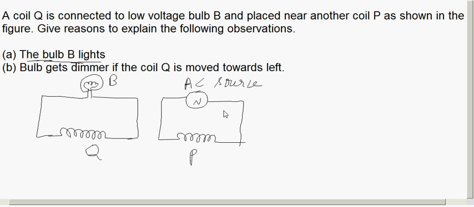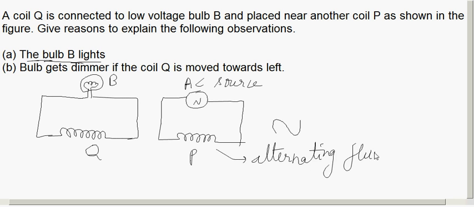There is an alternating current flowing through coil P which produces alternating flux. What is alternating flux? The flux which is changing with time. The flux produced in coil P also links coil Q. And this varying flux produces an induced EMF in coil Q, and hence there is a current flowing through coil Q and the bulb lights up.